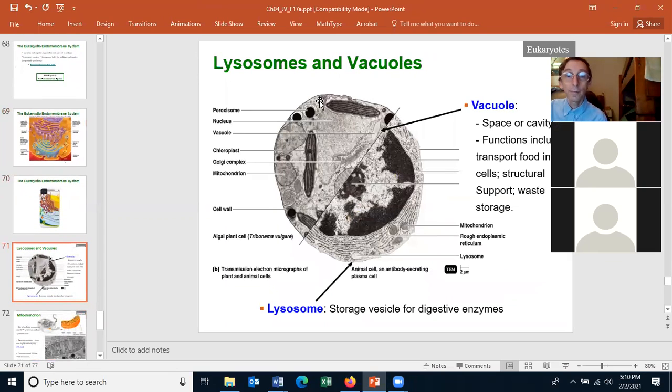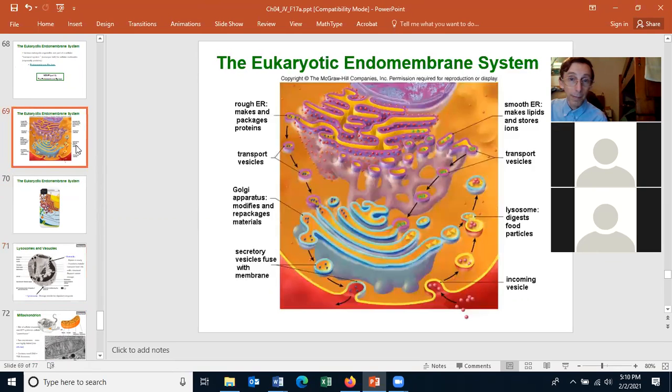Now, lysosomes and vacuoles look similar to a vesicle. A vesicle is a membrane-bound organelle which is actively transporting things, we'll say molecules, from one location in the cell to another location. Okay? And that's just what a vesicle is defined as.